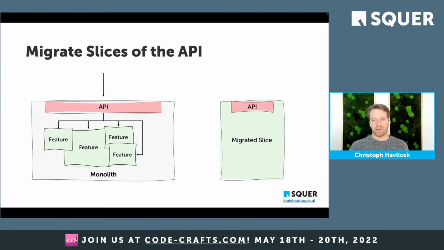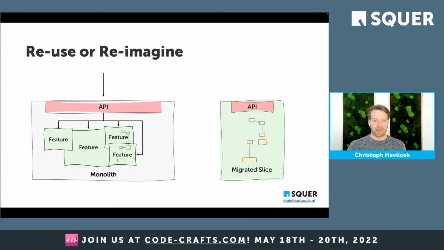So we're going to take parts of the features of the monolith and create a new slice next to it, implementing exactly those features. How you do this is usually one of the trickiest parts of this pattern, because even if the monolith is a big pile of coupled code, it usually has some sort of organization and structure.